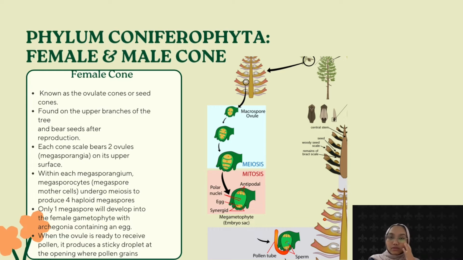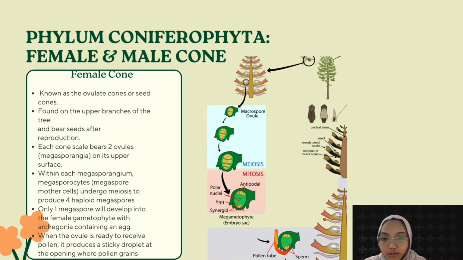Okay, now let's take a look at the process of how the ovule is formed in the female cone. As we can see, each scale of the cone contains 2 ovules, which we call megasporangia, on its upper surface. Within each megasporangium, there is a megaspore mother cell that undergoes meiosis and forms 4 haploid megaspores.